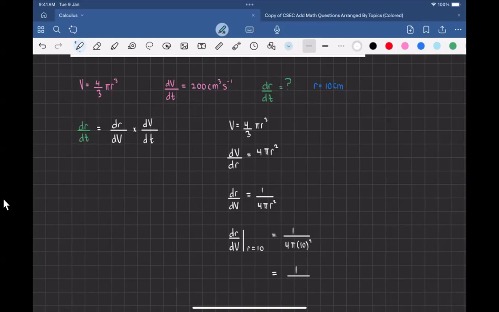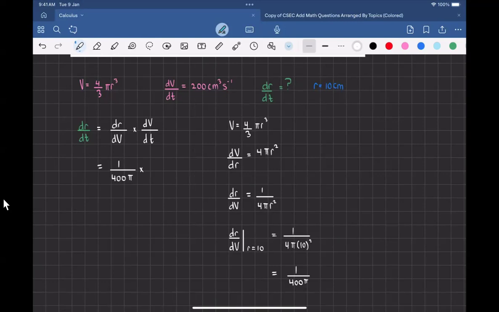What is 100 times 4? 400. 400 pi. That's it. Okay. Right, so now that we know what DRDV is, we're going to plug that in over here. So that'll be 1 over 400 pi, right? Multiplied by DVDT.